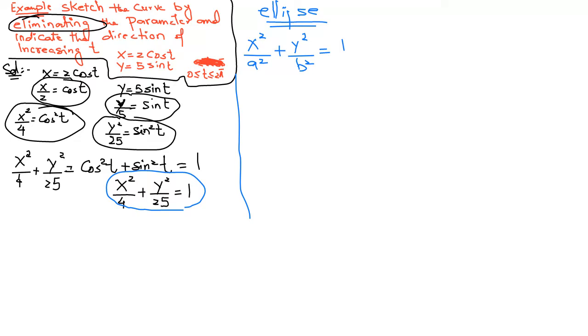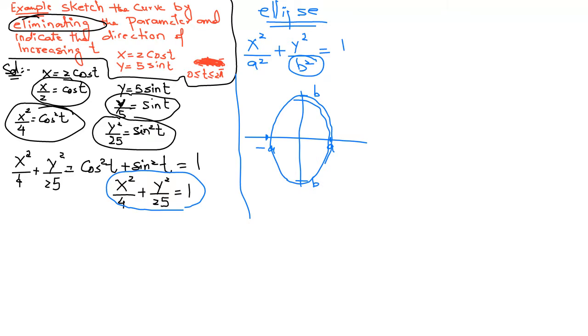This is a, this will be minus a. This is b, this will be minus b. So the graph of this is the ellipse. So b and minus b is the major and minor axis.